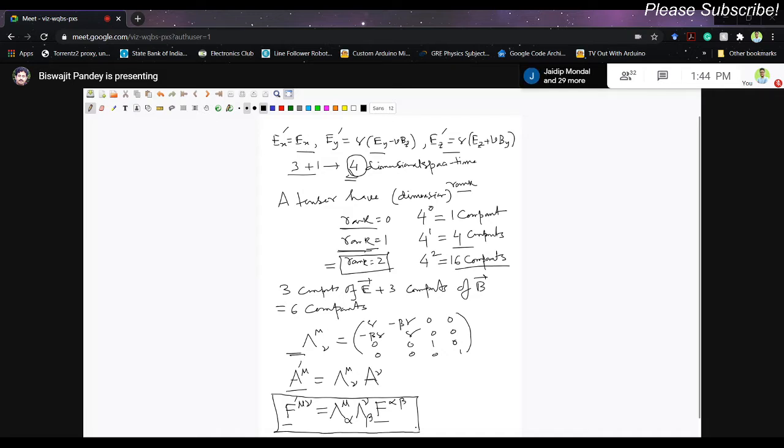And what shall we do with this? Okay, because we want to know whether we can obtain the transformation of the electric field and magnetic field using a second rank tensor. So first of all, we have to figure out how we can fit these 6 components into a second rank tensor. So let us do that first.